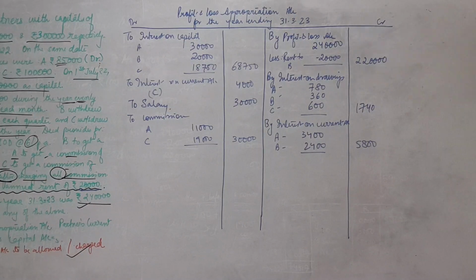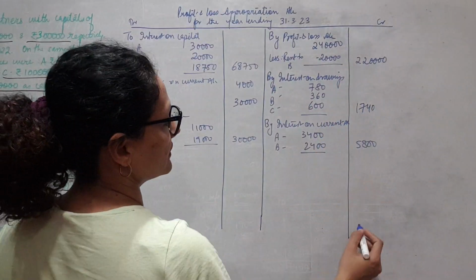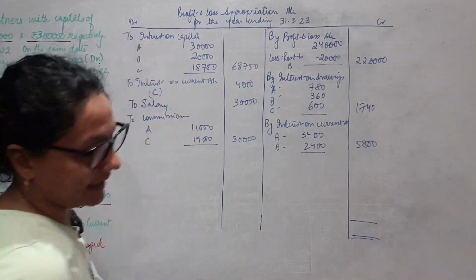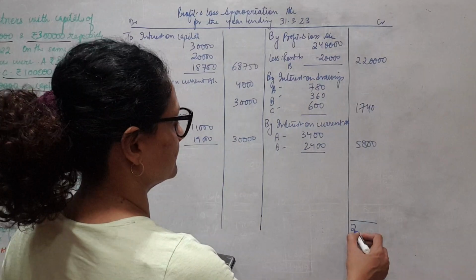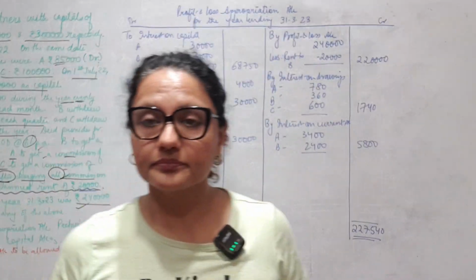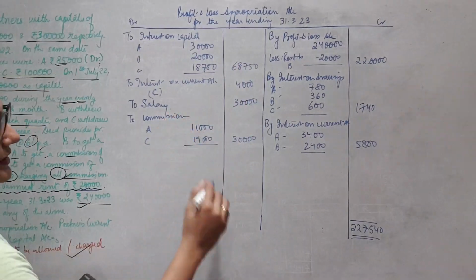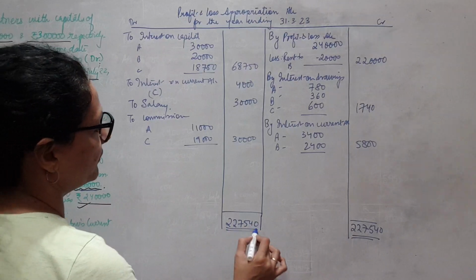I think that is it. Now we need to close the appropriation account. So what we do is we total up this side and find the total: 2,20,000 plus 1,740 plus 5,800 comes to 2,27,540. Then we subtract all of this that we have already given to them to come to the divisible profit.